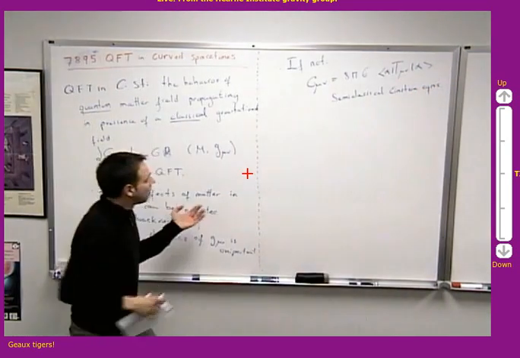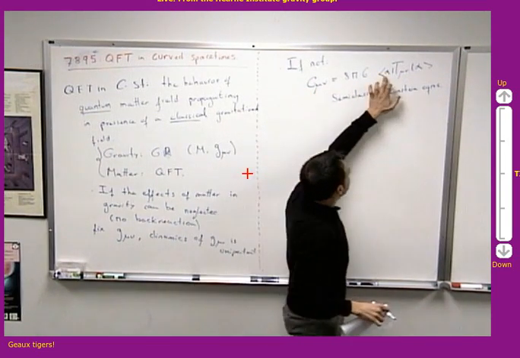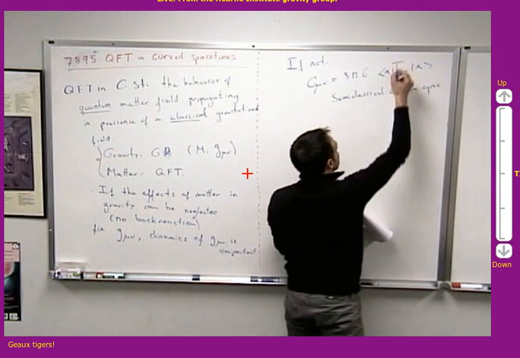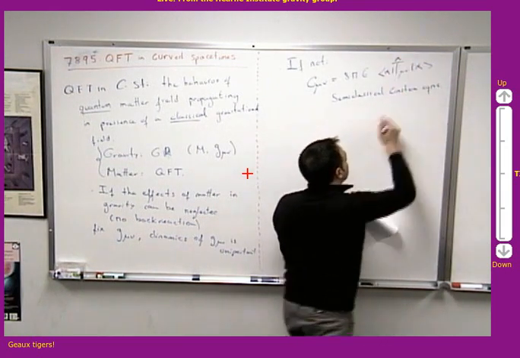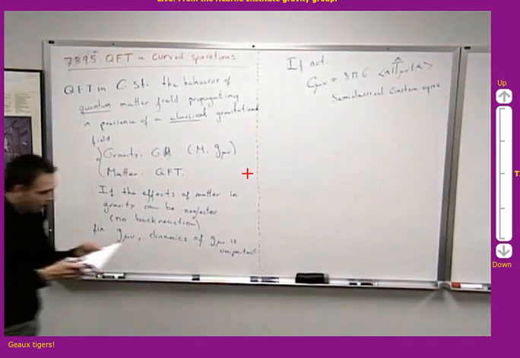So we will assume that the source of a classical gravitational field is the expectation value of the quantum energy momentum tensor. This is called semi-classical because this source is quantum, but gravity is classical.